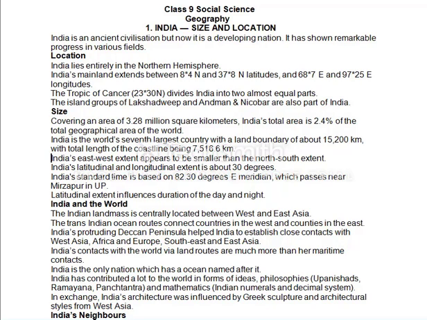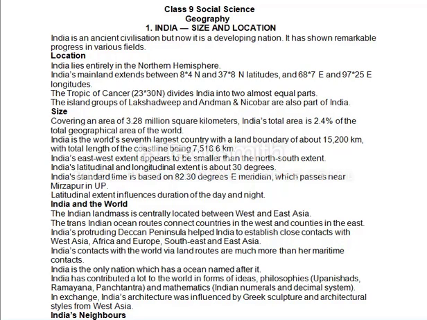On longitudes, it extends between 68°7' east and 97°25' east. The Tropic of Cancer divides India into two almost equal parts, which is at 23°30' north. The island groups of Lakshadweep and Andaman and Nicobar are also part of India. In fact, they do not lie on the mainland, but they are also considered a part of India.